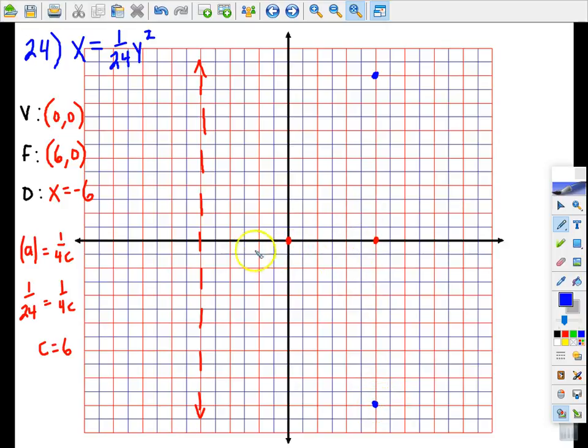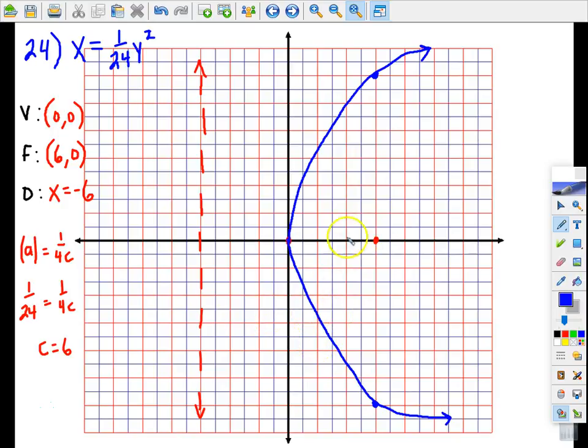And another way of thinking about it is, well, the total distance from directrix to focus is 12 units. And so I'm going to go 12 above the focus and 12 below. Or if you would rather just do the old-fashioned table of values, inputs and outputs, that would be okay too, but this might save you a little bit of time.